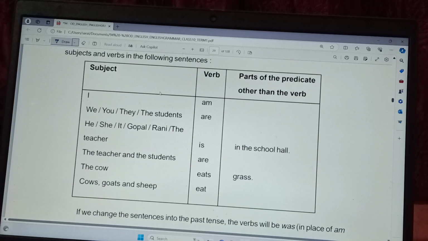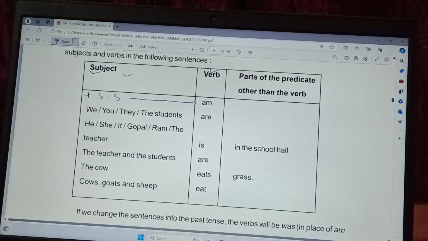Look at the table guys. Here, this one is the verb column and this one is the subject column. We know that this is SS, that means singular subject, and the singular subject I agrees with am.